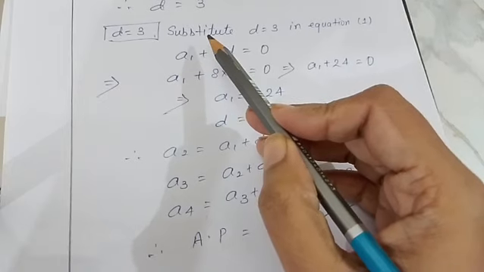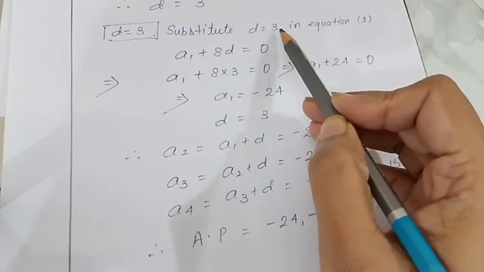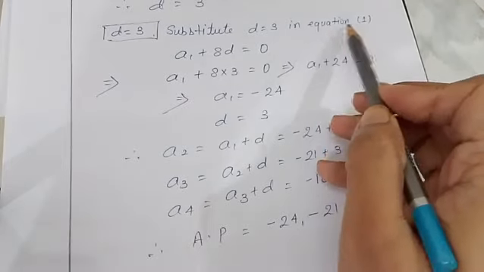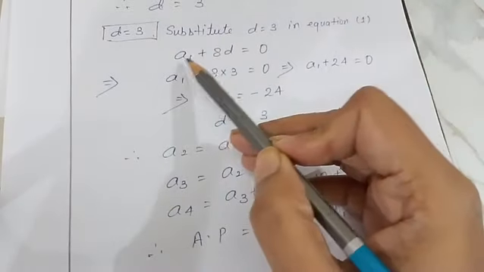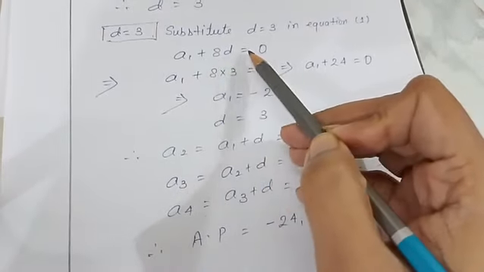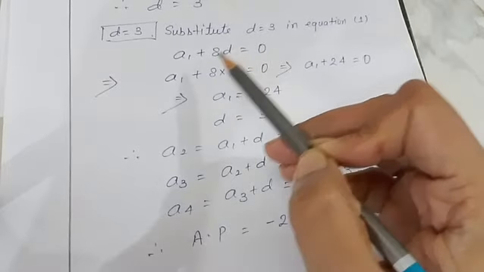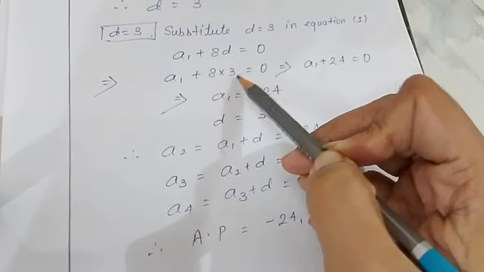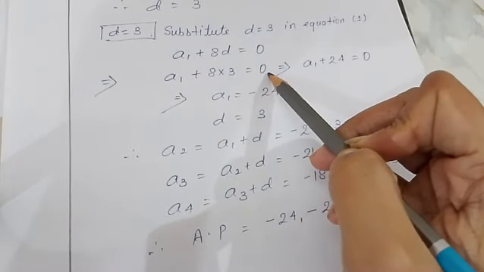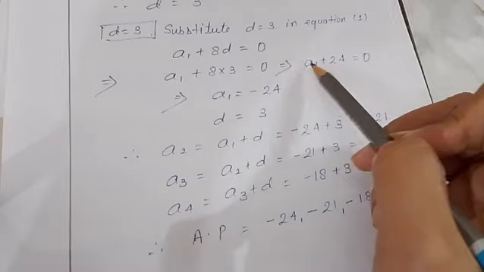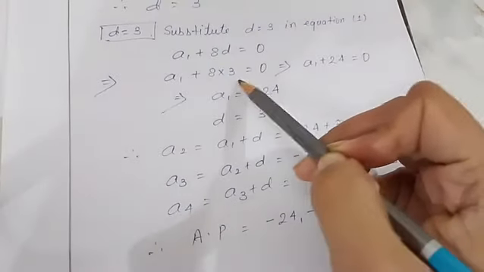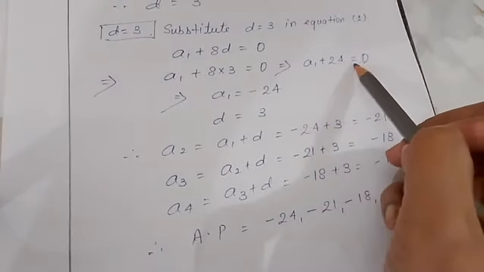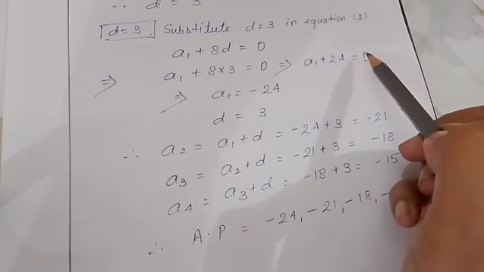Substitute the value of d is equal to 3 into equation number 1. a1 plus 8d is equal to 0. a1 plus 8 into 3 is equal to 0. This implies a1 plus 24 is equal to 0.